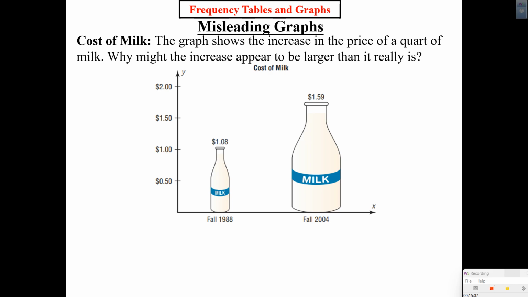Why do you think it's misleading? So a couple of the answers some of you wrote: the width of the bottles of the milk make it look one greater than the other.